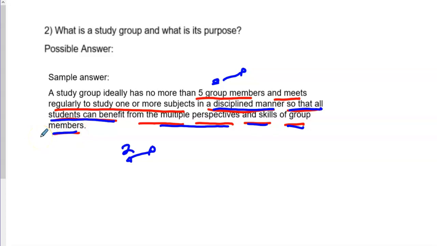Now, everybody that is coming to the study group must come with some skill. Obviously, there are going to be some people who are more skilled than others. But at least you should have an idea of the subjects that you are going to discuss so that you can also make some contributions.